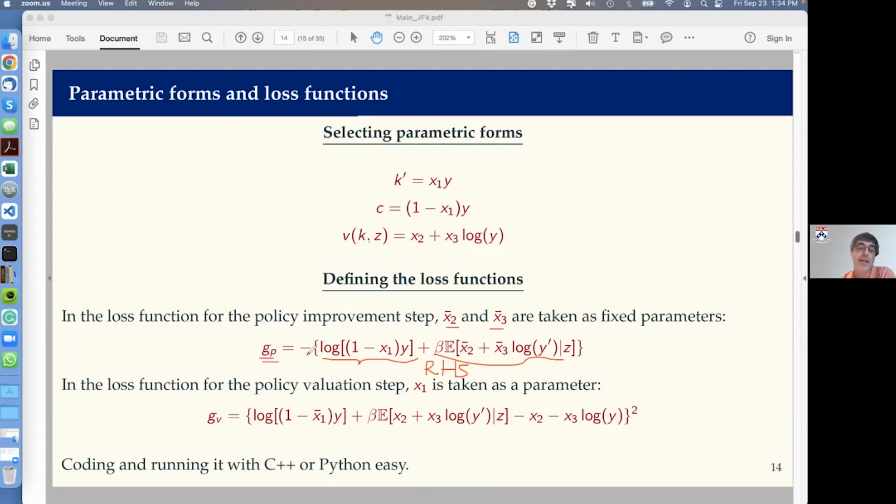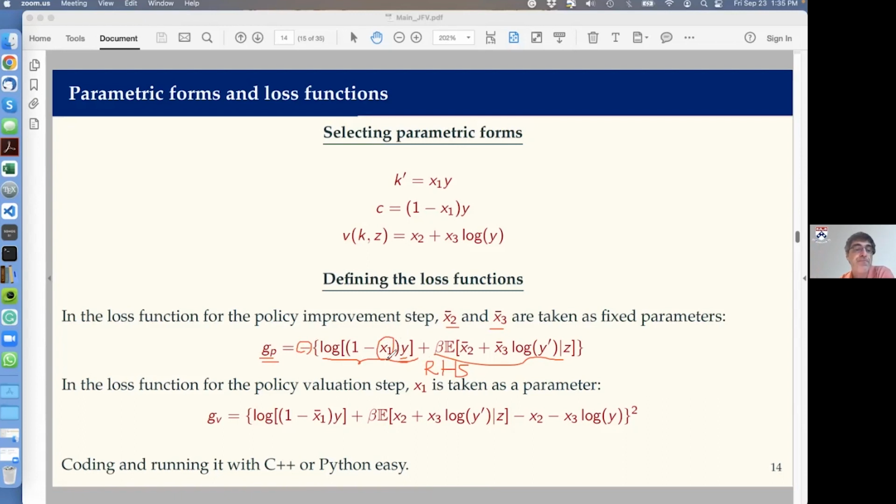Well, I want to maximize it, so I put a minus, so I'm minimizing, and I'm going to minimize it with respect to the optimal consumption. That's why I'm looking over the optimal x1. So that's the sense in which this is a policy function. I'm looking for the x1 that makes the right-hand side of the Bellman equation as large as possible.